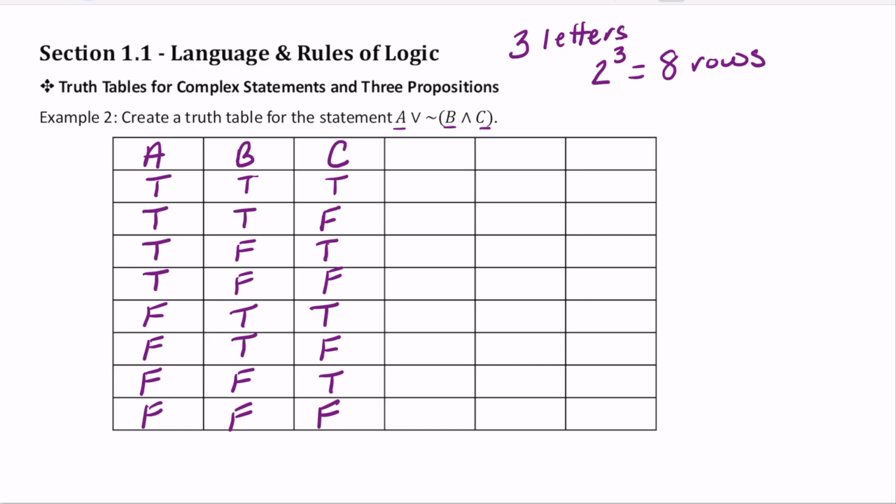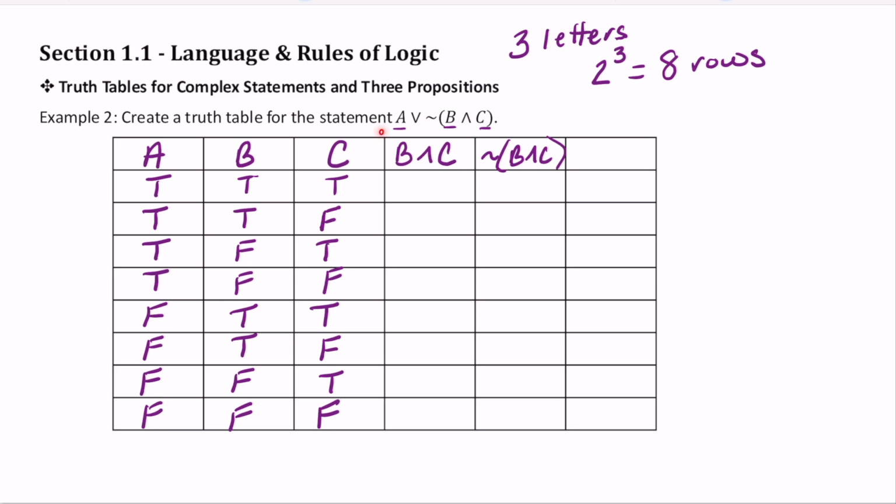Now we think about the order in which we need to determine the truth values. B and C have parentheses around them, so we need to find the truth value of that first. Once we know what B and C is, we can determine the negation of B and C as our second step.